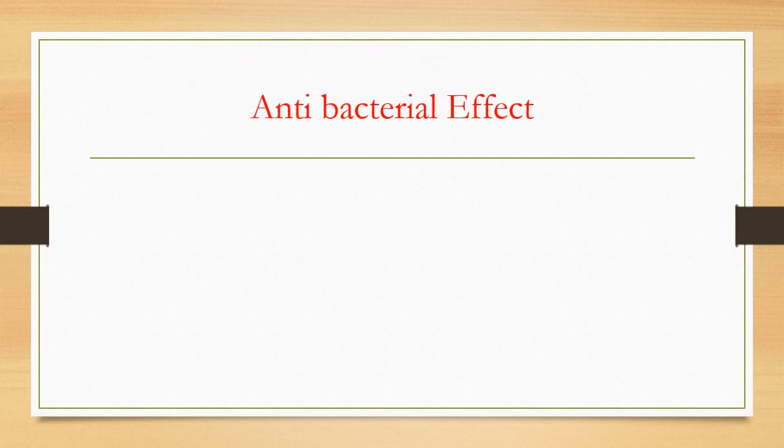One of the greatest applications used for our product is the antibacterial effect. Acetanilide derivatives have many applications, but one of the greatest, which may be used widely and gives effective results, is the antibacterial effect.